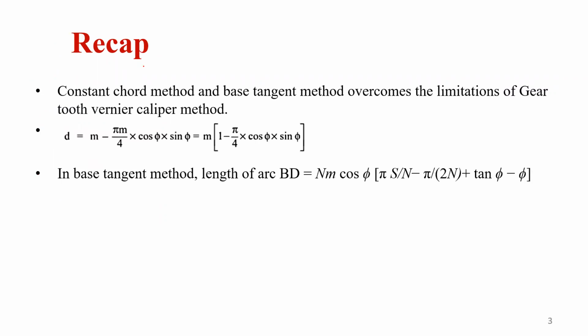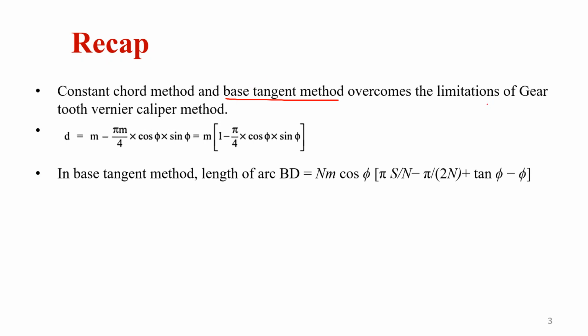So in lecture 5, we discussed the constant chord method and also the base tangent method. The base tangent method involves only one variable that we need to calculate for a large number of gears.